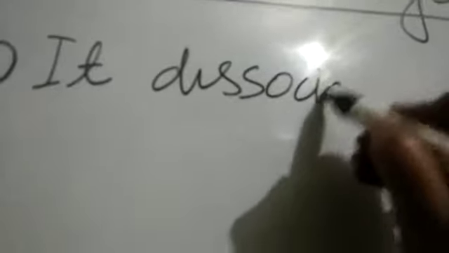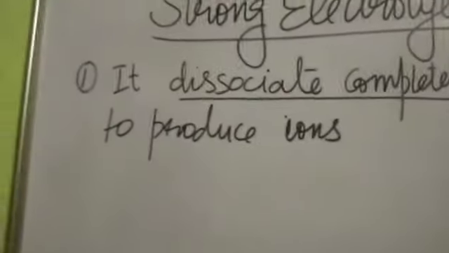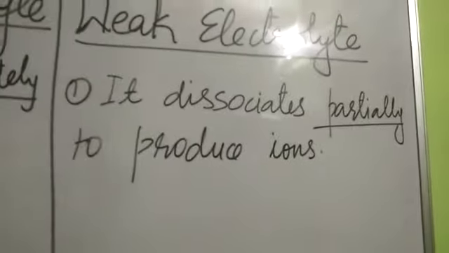It dissociates but not completely, so we call it dissociates partially, to produce ions. Okay, first point clear. The first one is strong electrolyte, which dissociates completely. Weak electrolyte dissociates partially to produce ions.